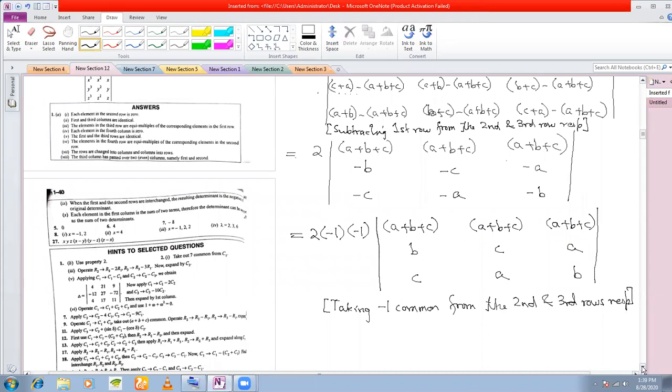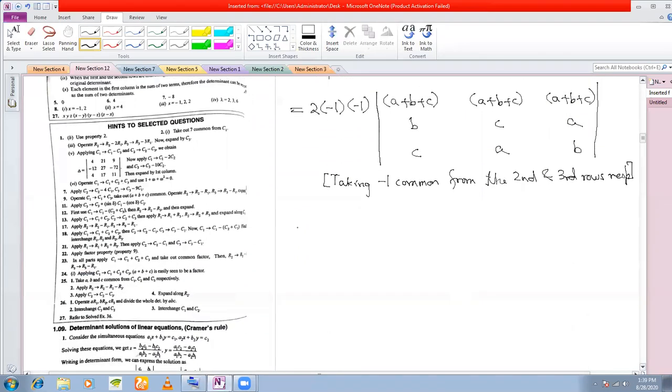Okay. So 2 minus 1 into minus 1 will only be 2. Now what to do with this determinant? Can you split this determinant in this manner? Give a box bracket. I'll split this determinant. A, B, C. This determinant can be split into 3 determinants.